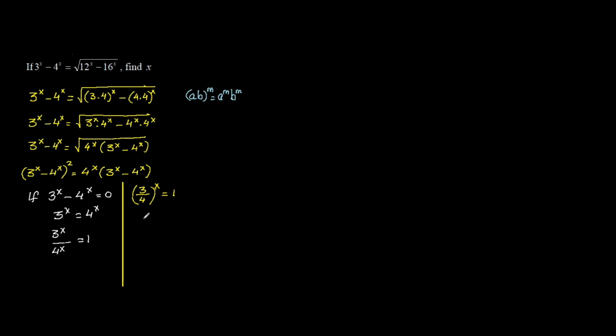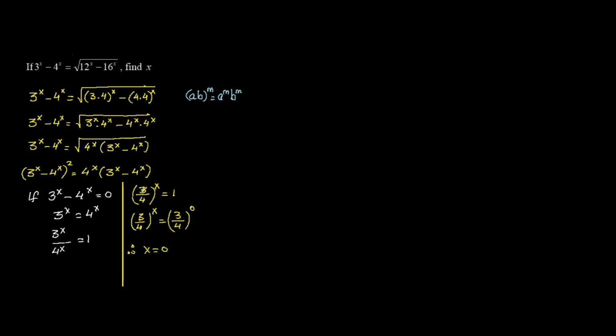Now once again, 1 can be written as any number to the exponent 0. So we can say (3/4)^0. Now because the bases are the same, the exponents must be equal, and so x is equal to 0.